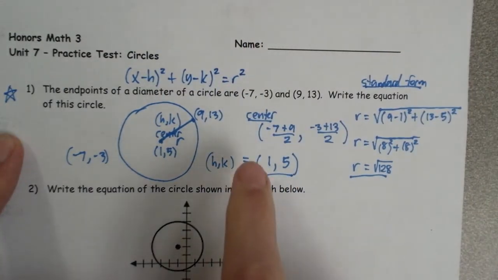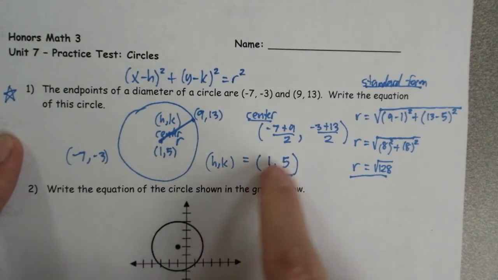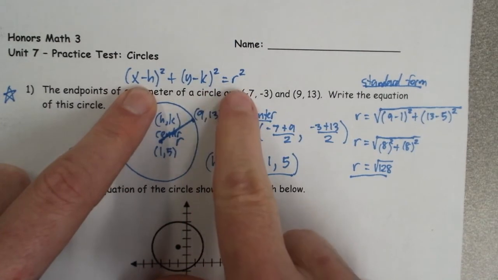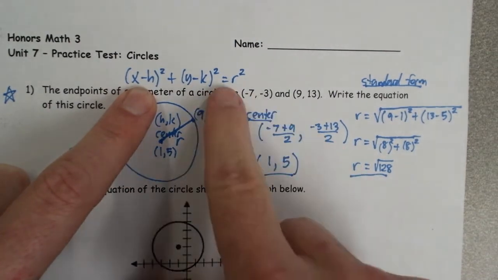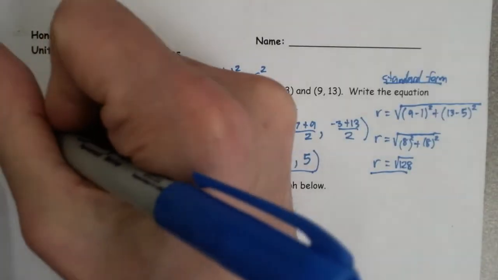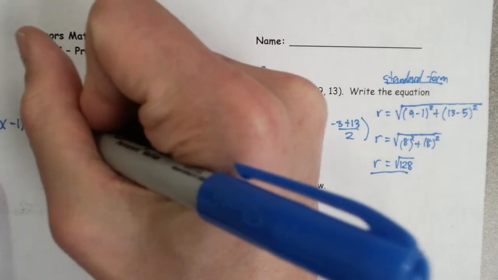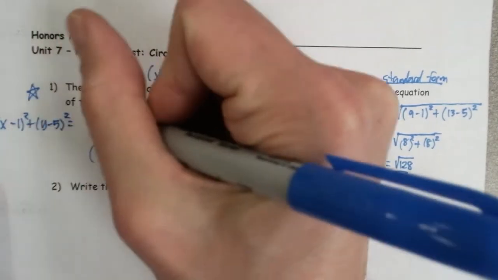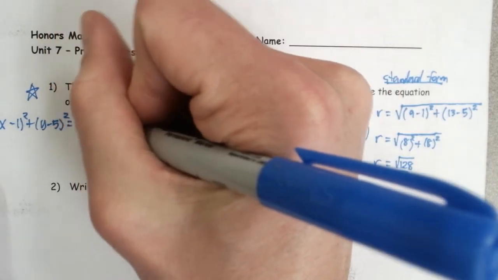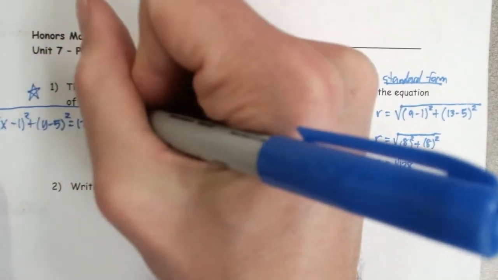Since I have my h and k, which both happen to be positive here, they're going to go in here and switch to negative because of the subtraction signs. And the radius squared is going to be the square root of 128 squared, which is 128. So your final answer will be (x minus 1) squared plus (y minus 5) squared equals 128. That's your equation.